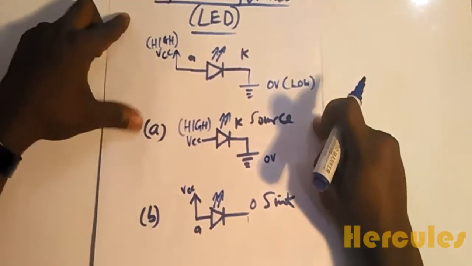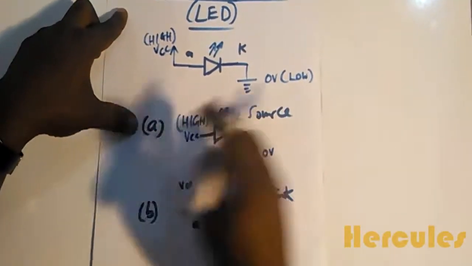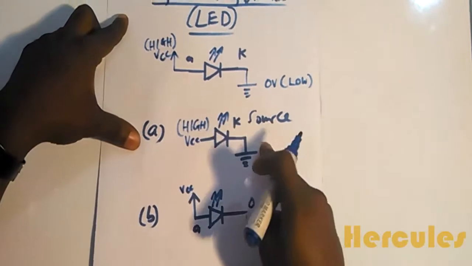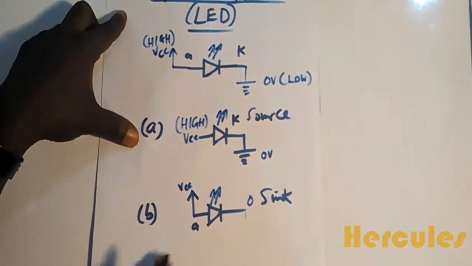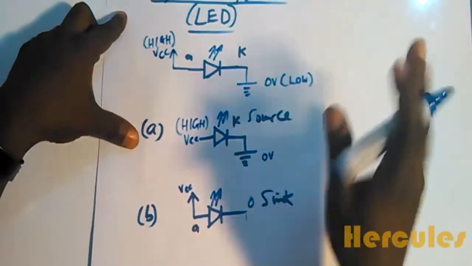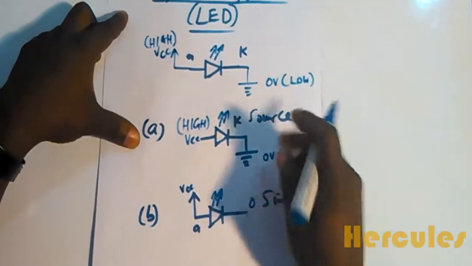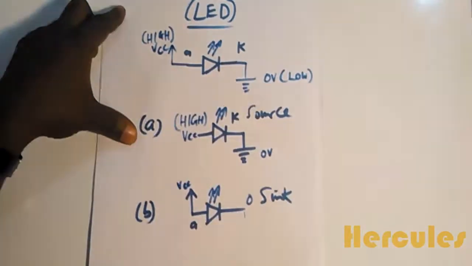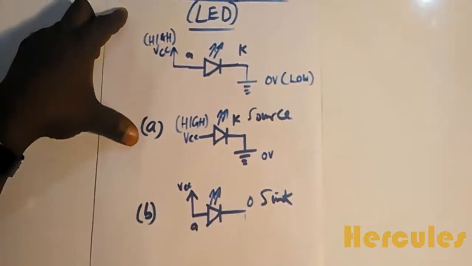So basically two scenarios. The first is using a high to turn on our LED, and the second is using a low to turn on our LEDs. Those are two ways our LED can come on, but generally they need a high on the anode and a low on the cathode.